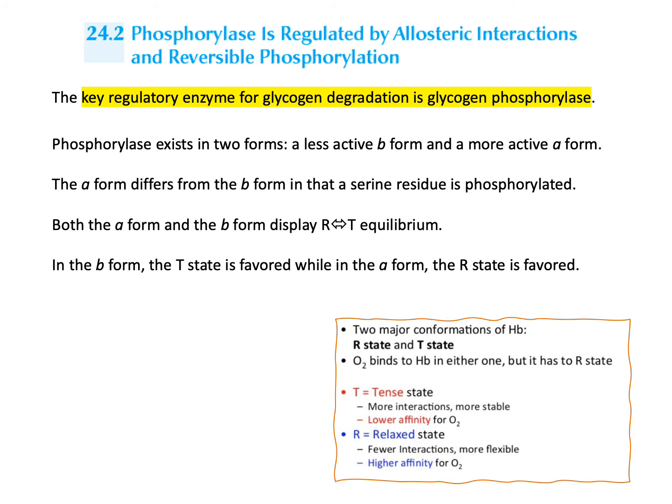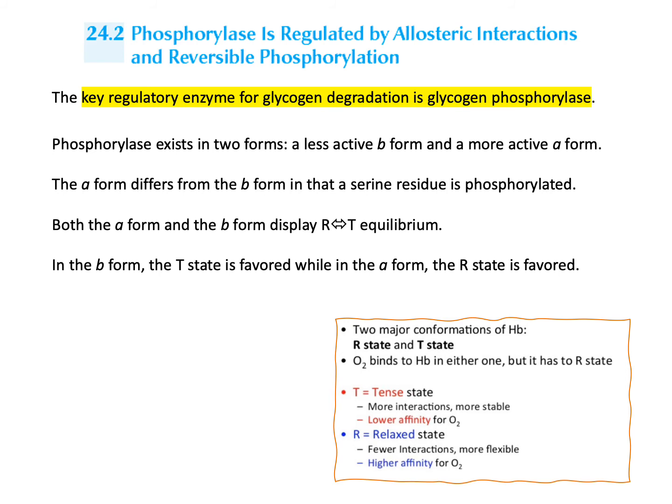Phosphorylase exists in two forms, a less active B form and a more active A form. The A form differs from the B form in that a serine residue is phosphorylated. Both the A form and the B form display an RT state equilibrium. In the B form, the T state is favored, while in the A form, the R state is favored.